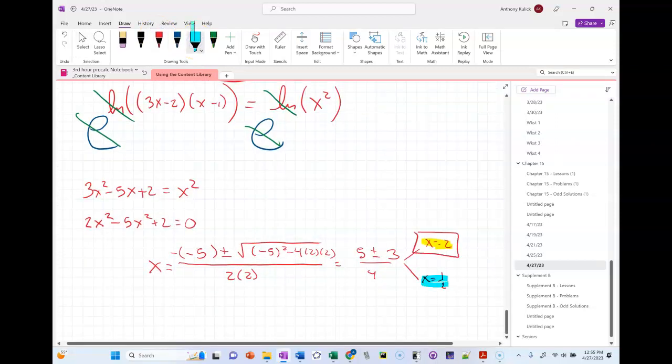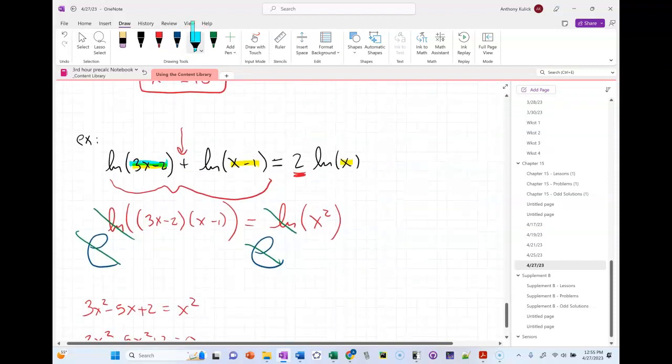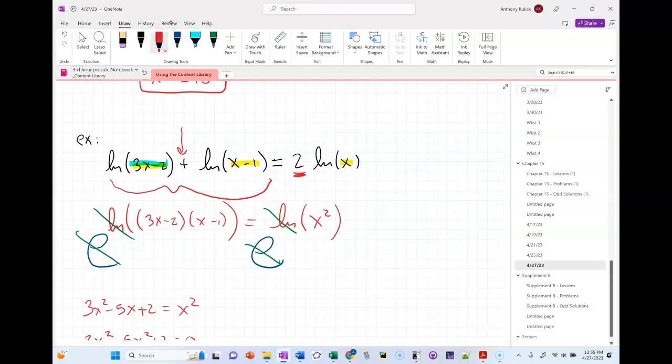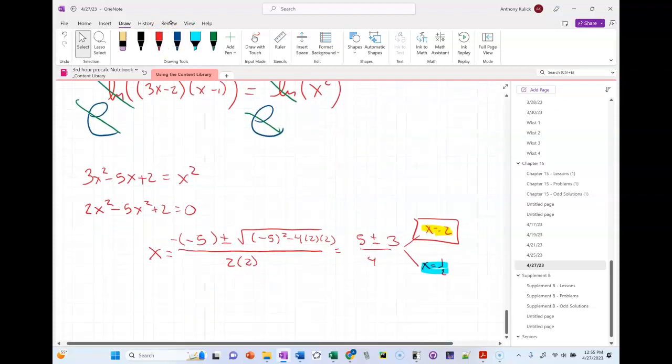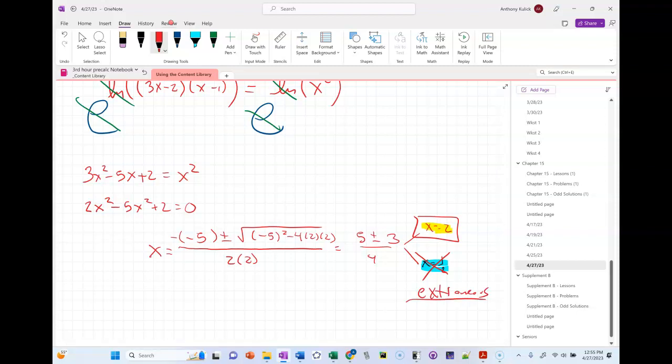Now let's try a half. 3 times a half minus 2 is negative. So I don't care what happens after that. I already know that that one doesn't count. That one is extraneous. I'm left with just one solution. x equals 2.